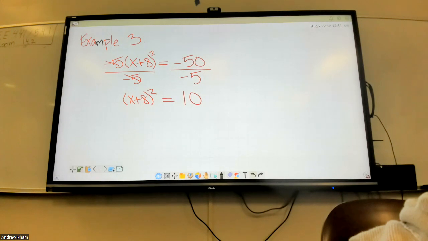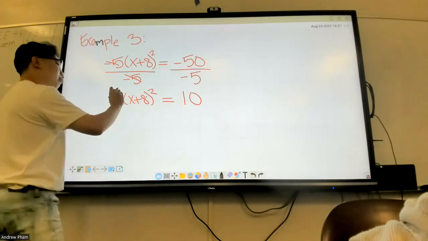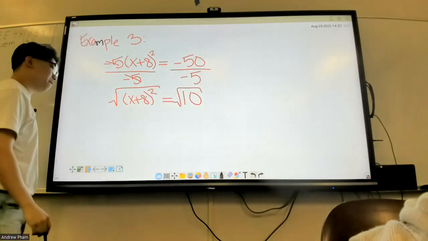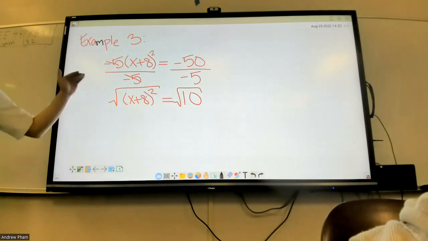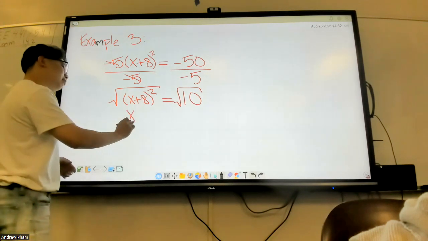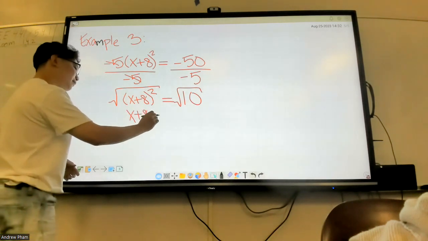Once I get that whatever squared equal to a number, I can now do the square root. I can introduce it. So I'm going to do the square root on the left and the right. On the left, square and square root, they're opposites, so they cancel each other out, leaving me with x plus 8.